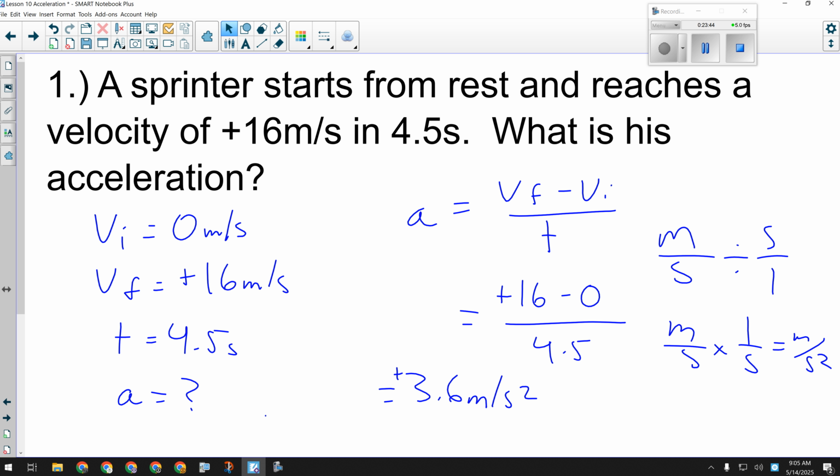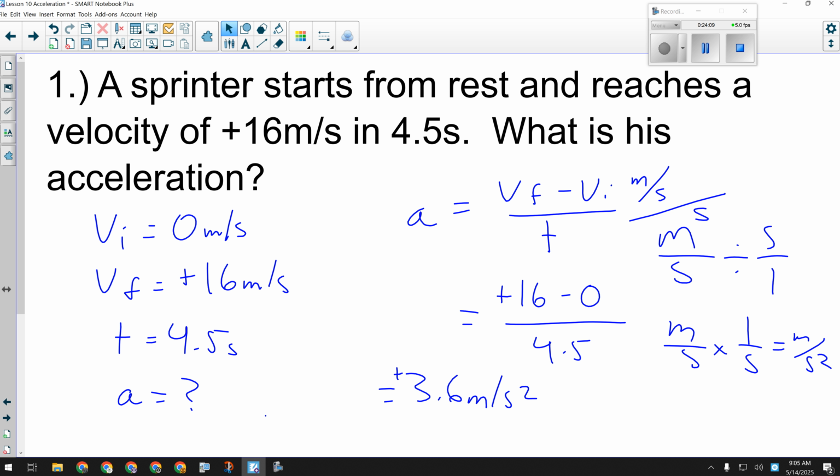Okay? Yes. Wait, so then how do I know when the seconds cancel each other out and when it's squared? In this situation, I have meters over seconds divided by seconds. The seconds are on the same side; they're both on the bottom, so they don't cancel each other.